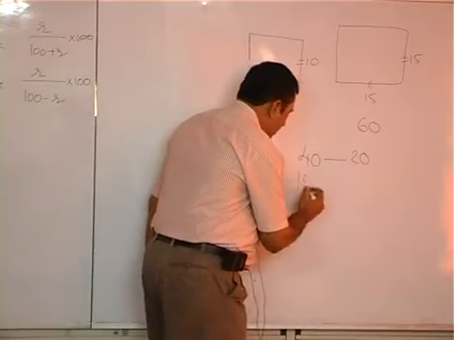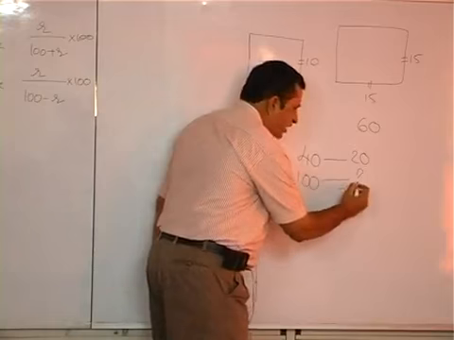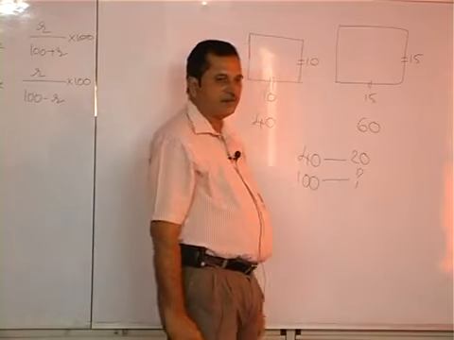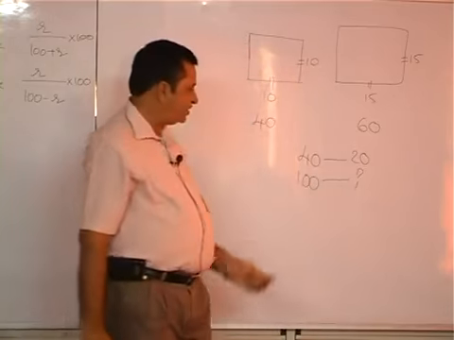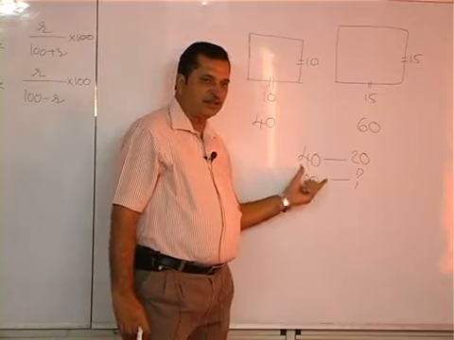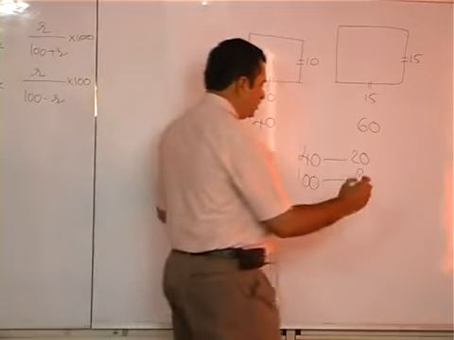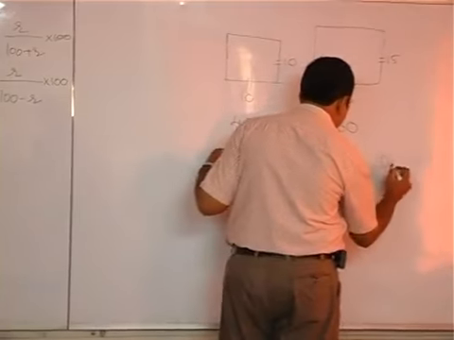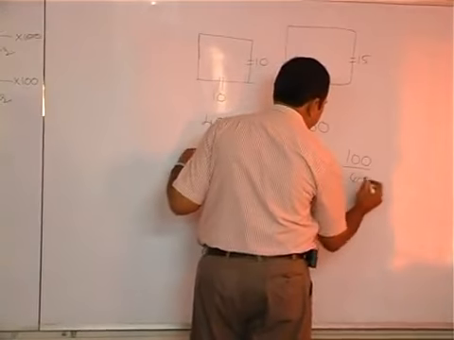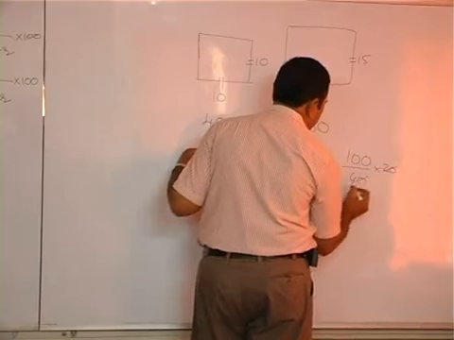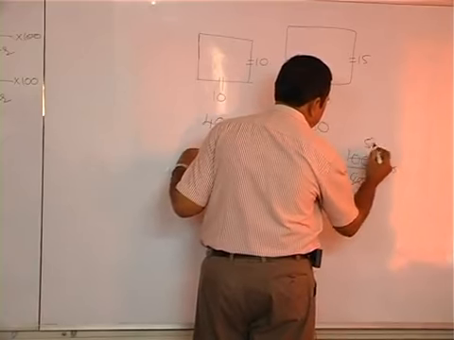For 100, what would be the increase? Compared with 40, the value of 100 will be more. So more by less into 20.